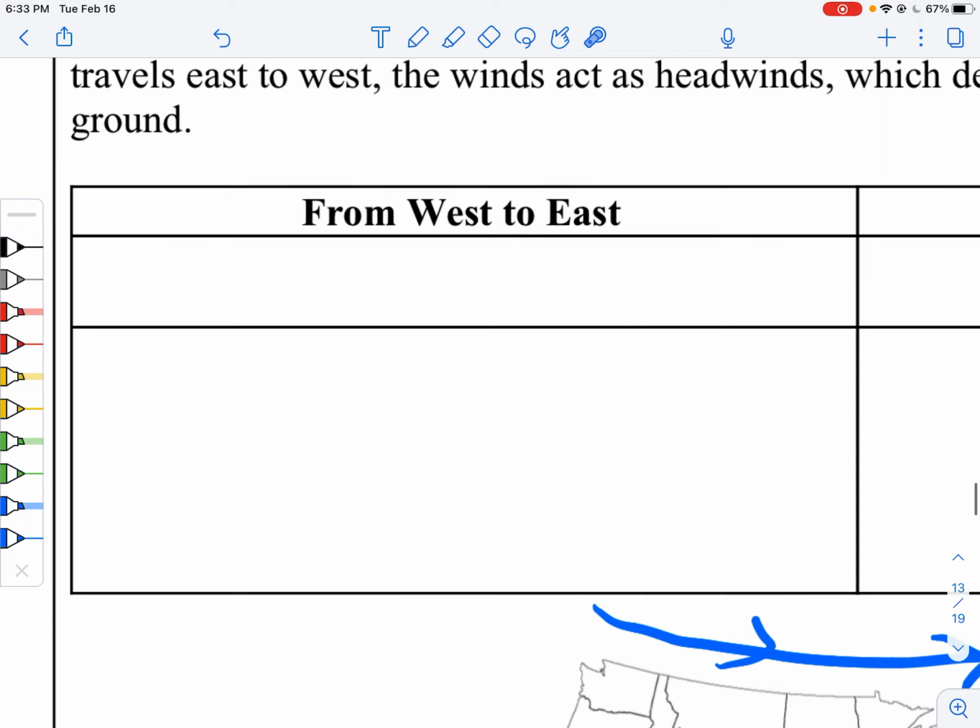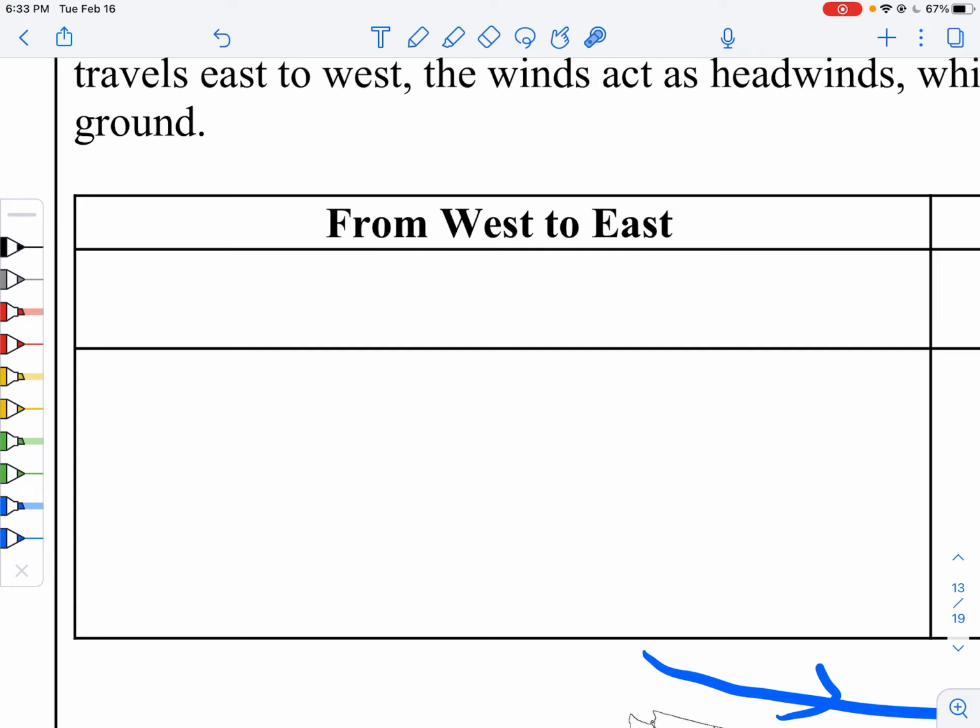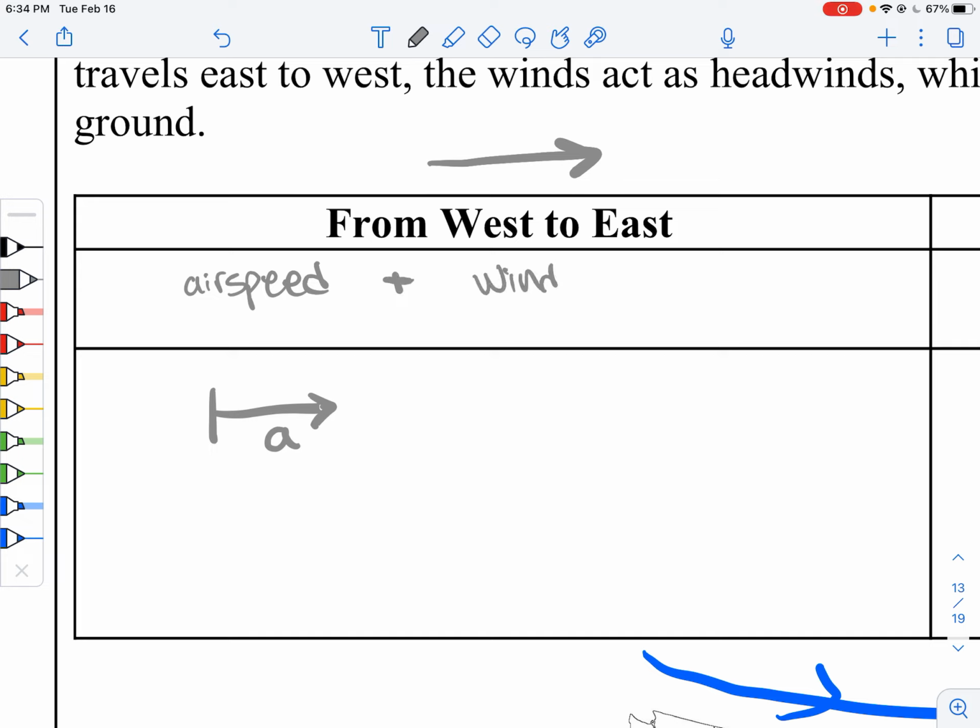So what this looks like in a graph, how to figure this out. When you're traveling from west to east, your air speed, we call it your air speed. Oh, whoops, I put them in the same thing. Sorry. This goes down here. Your air speed is going to be added to the wind speed, and that will get you your ground speed.